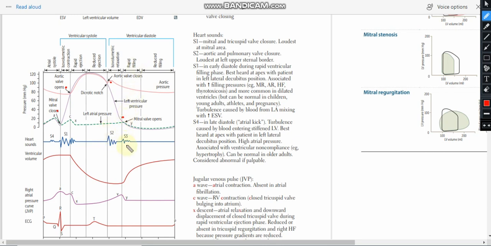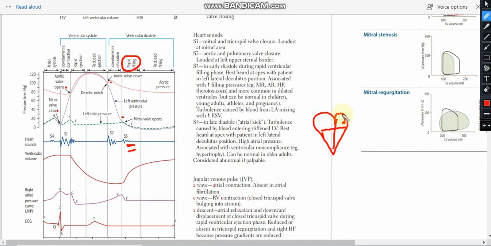Now we know that S3 is a sound that is produced in the rapid filling phase. You can see it is occurring in the rapid filling phase. Now you need to know when the S3 is heard. If I draw it for you, these are the four chambers of the heart, and there is mitral regurgitation, or aortic regurgitation.